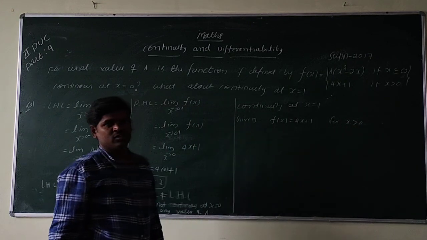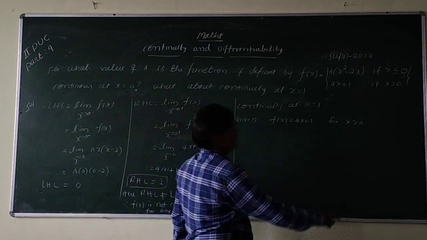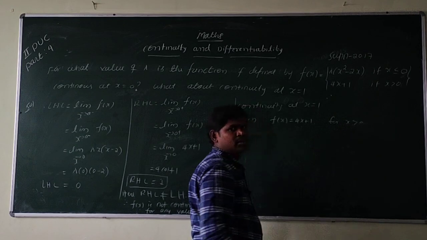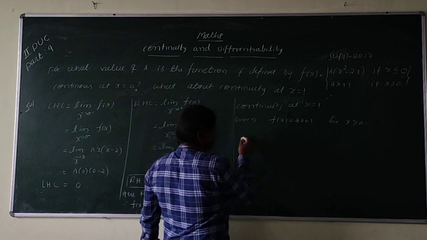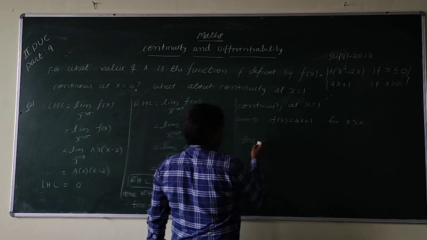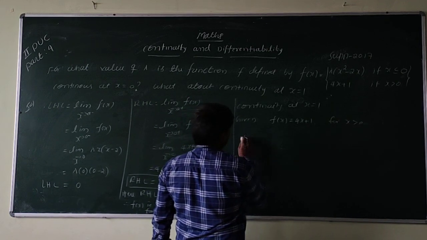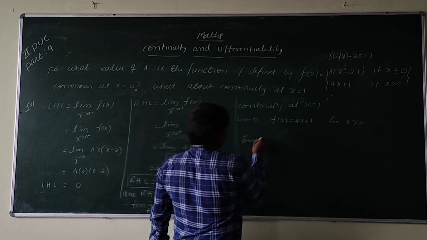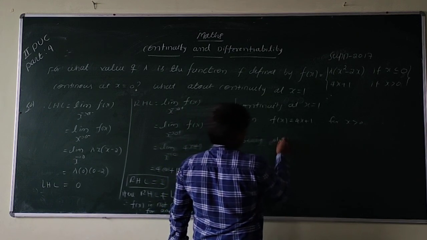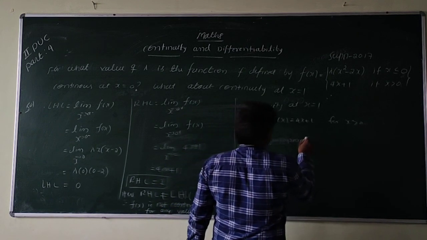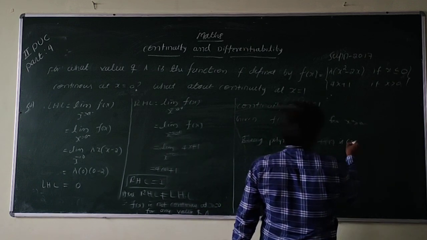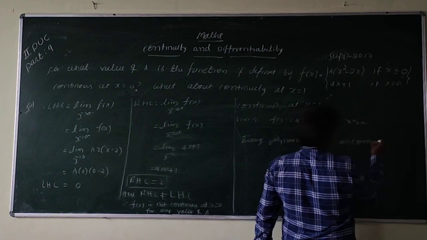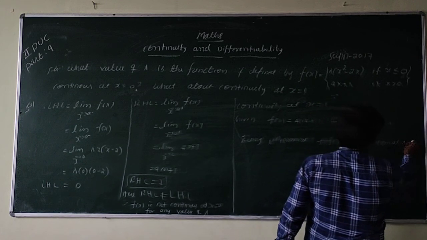At x equal to 1, being a polynomial function, f of x is continuous. So f of x is continuous at x equal to 1.